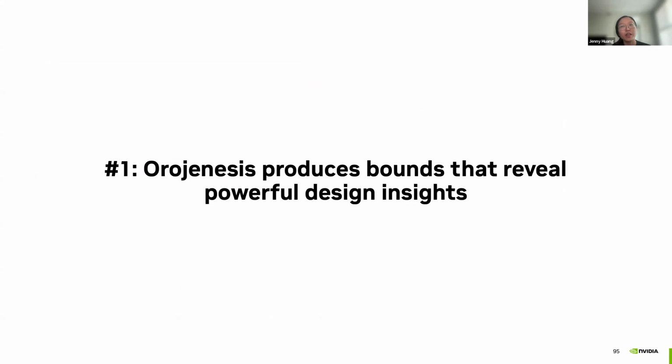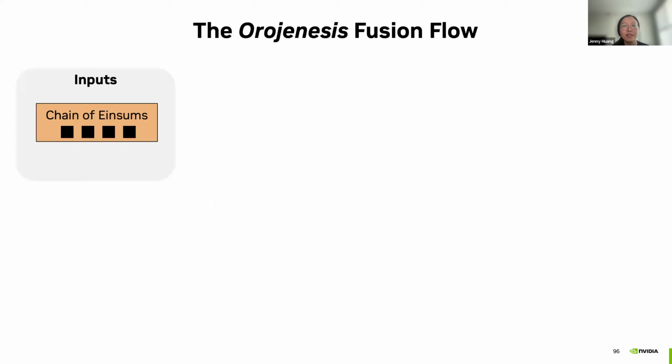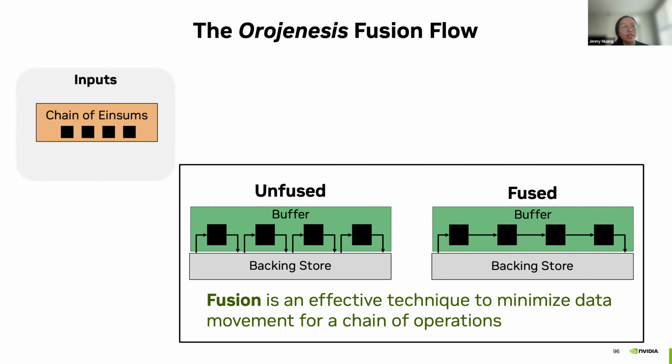With this, we showed that Orojenesis can produce bounds that reveal very powerful design insights. Besides single tensor operations, we also want Orojenesis to understand fusion. Assuming we're taking a chain of einsums, or a chain of tensor operations, fusion is an effective technique to minimize data movement further.